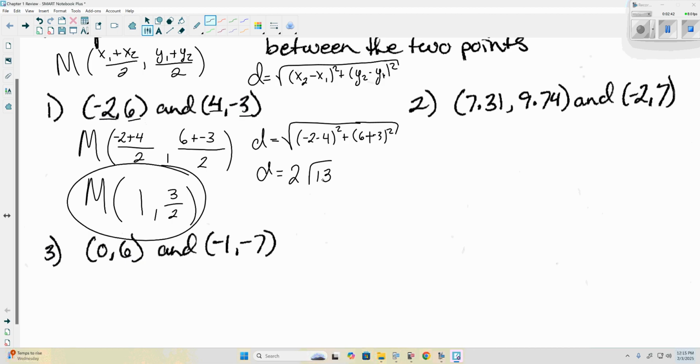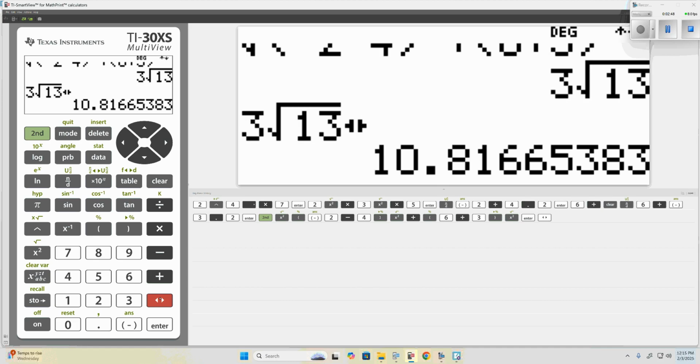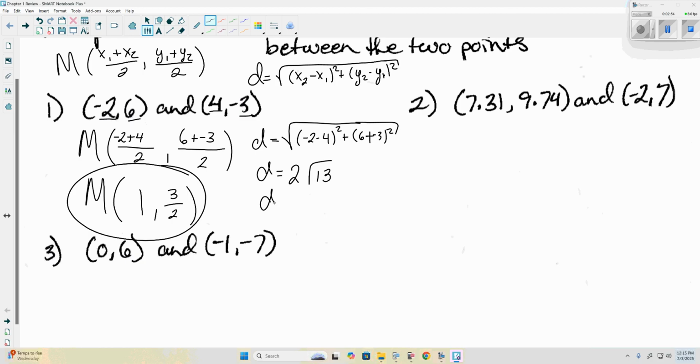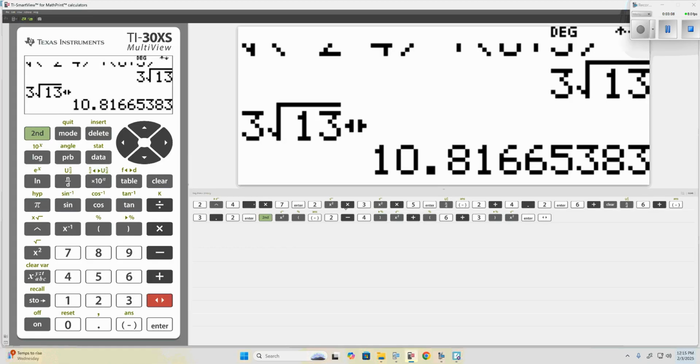And that's it. Now some of them, especially on the test, might give you all decimals, round to the nearest hundredth, so we're going out 2 places, 10.82. For which one? Ah, 3.